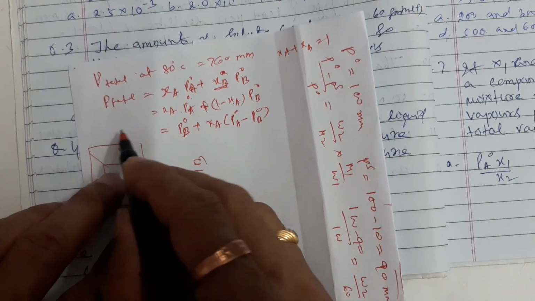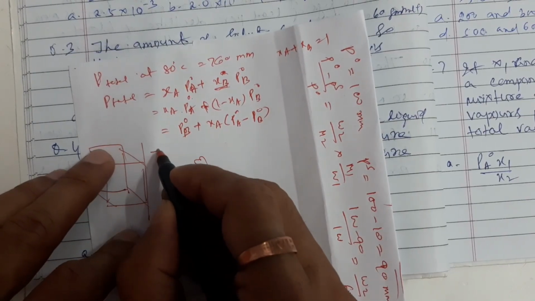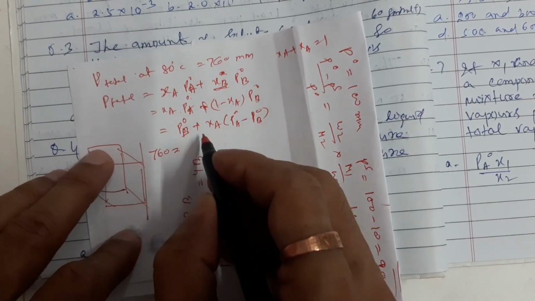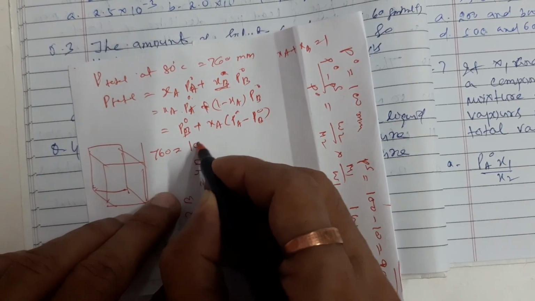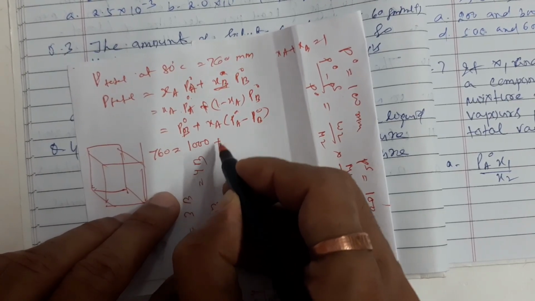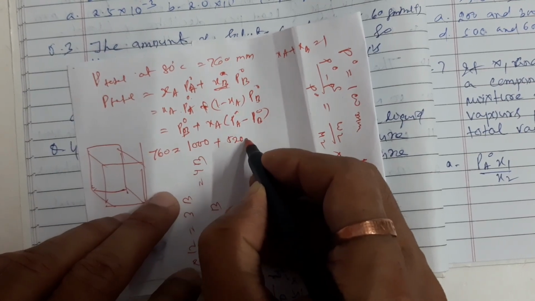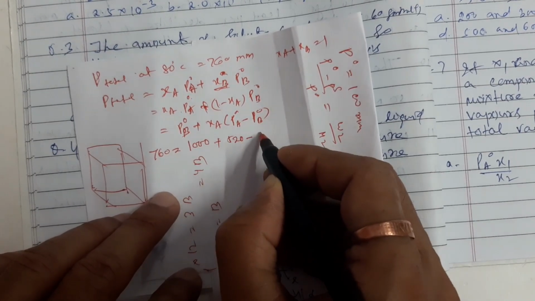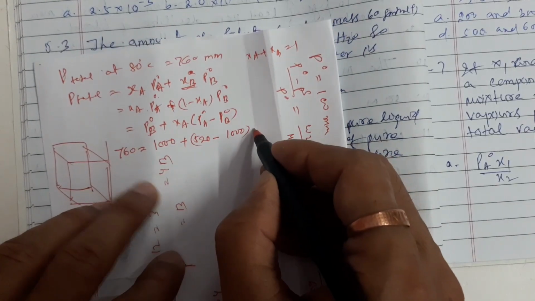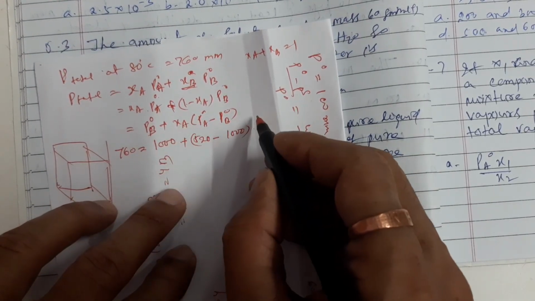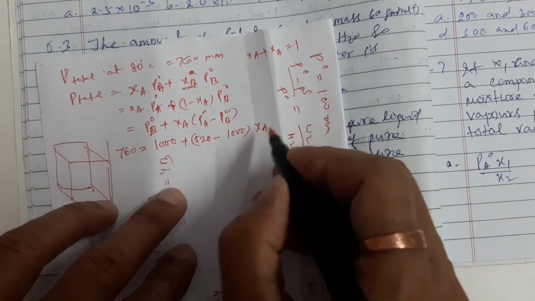The total pressure is 760, P0B is 1000 and P0A is 520, so this is 520 minus 1000. You have to calculate XA.